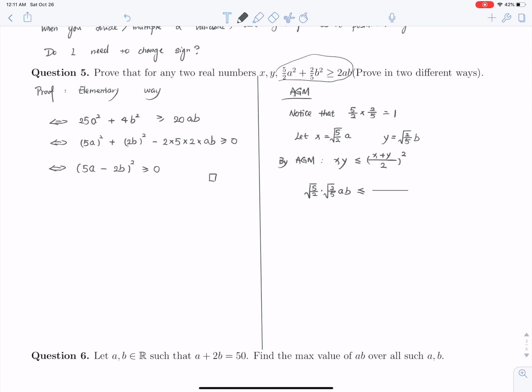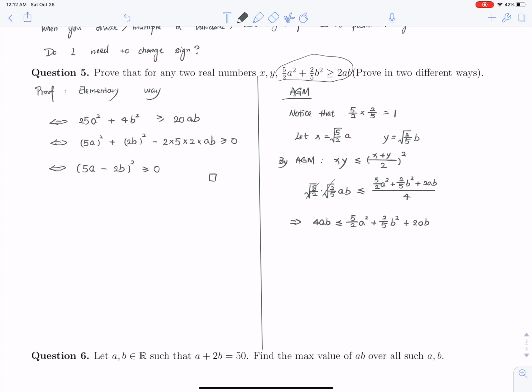So 5 over 2a squared plus 2 over 5b squared plus 2xy, which will give us 2ab, over 4. So this crosses out, this is 1. 4ab is smaller than or equal to 5 over 2a squared plus 2 over 5b squared plus 2ab.